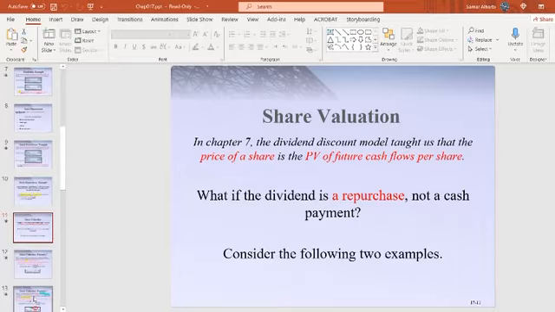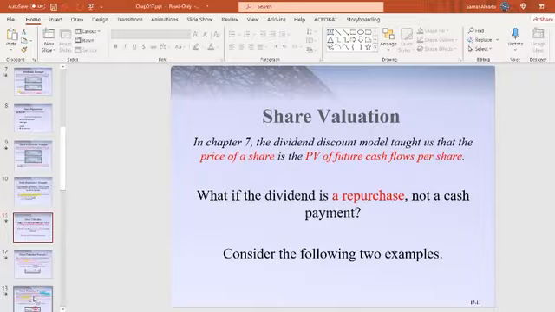The dividend discount model taught us that the price of shares is equal to what? It is equal to the present value of all future cash flows. So always the price of the shares will equal the present value of all future cash flows from the shares. And we learned this one from another unit, right? Finance 101, Principles of Finance.